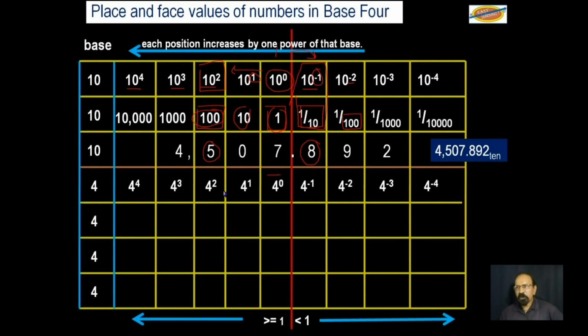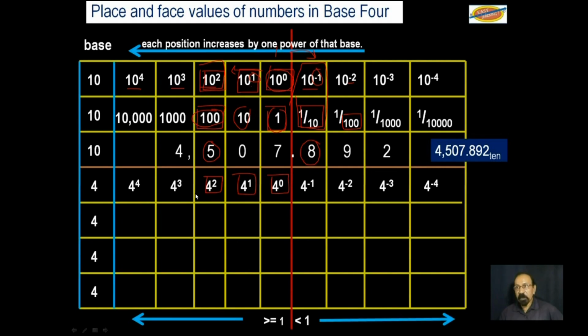Well, this first position here is 4 to the 0, just like that one up there was 10 to the 0. This second position here is 4 to the 1 power, just like up here it was 10 to 1 power. This third position going to the left is 4 to the second power, 4 squared, just like up here is 10 squared. We did that for base 2.